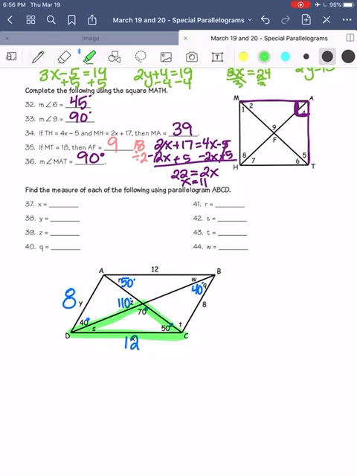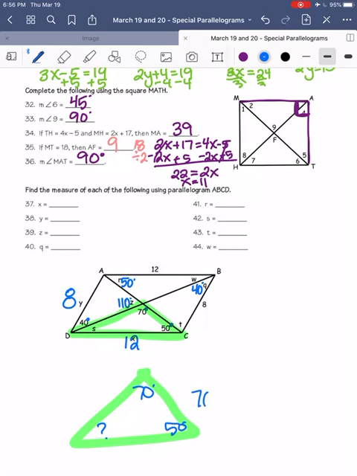Okay, now I'm going to use this triangle right here to find S. So if I know that the triangle has 70 and 50, then finding this last angle is very easy. I just do 70 plus 50, so that's 120, and then subtract from 180. Okay, so that gives me 60 degrees.